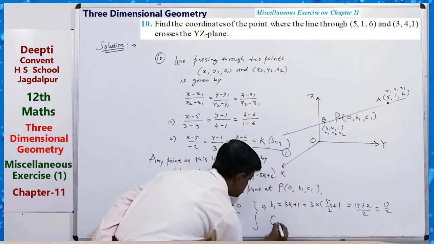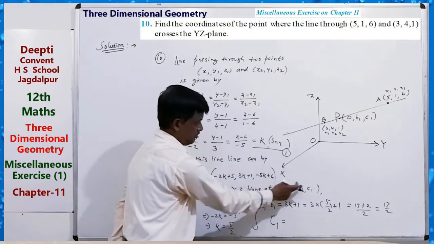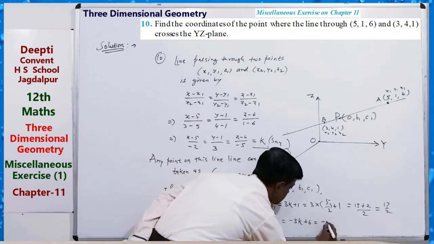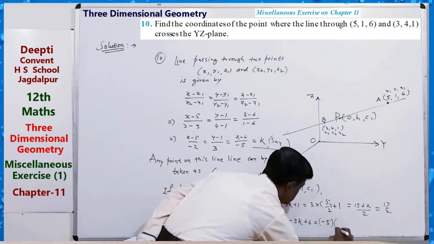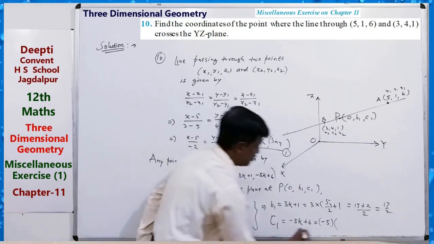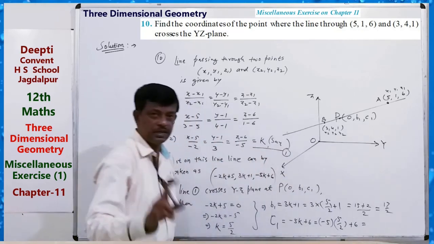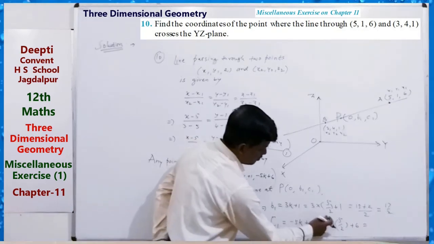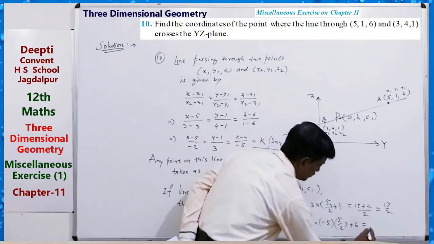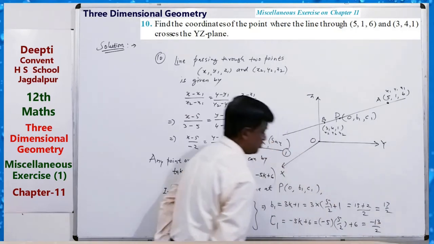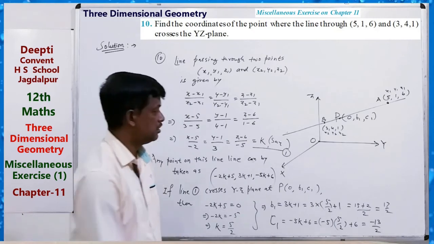And c1 equals minus 5k plus 6, which is minus 5 into 5 by 2 plus 6, that is minus 25 plus 12 by 2, minus 13 by 2.